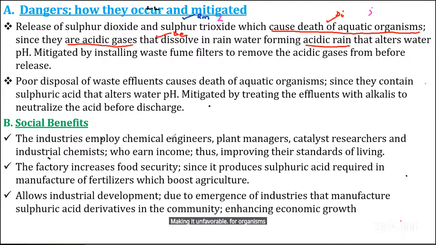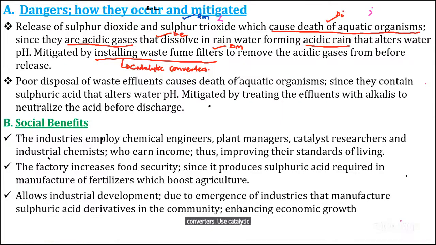You have explained. So what should we always do? Installing waste fume filters to remove the acidic gases before discharge. Dangers mitigated. Sometimes we shall say use catalytic converters.